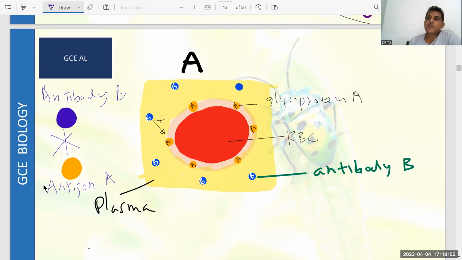So this is blood group A. They have antigen A on the red blood cells, and plasma has antibody B.